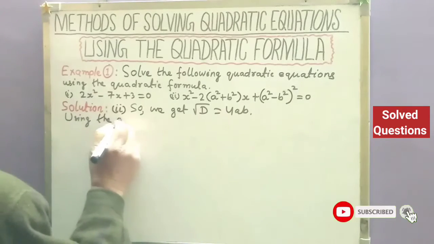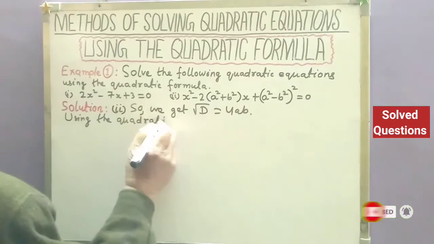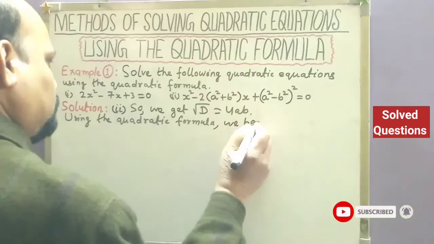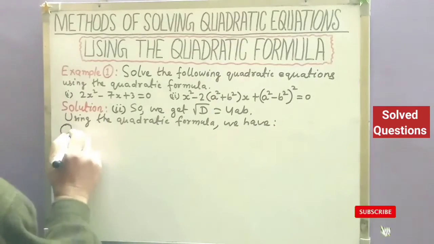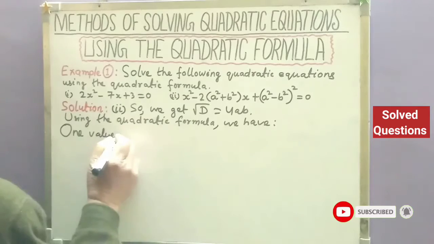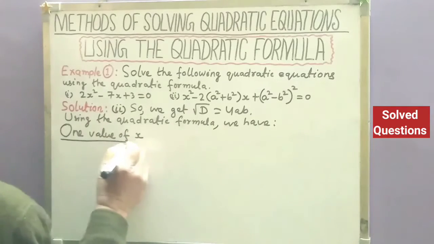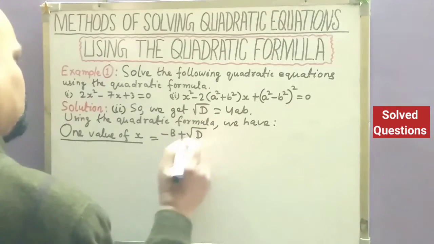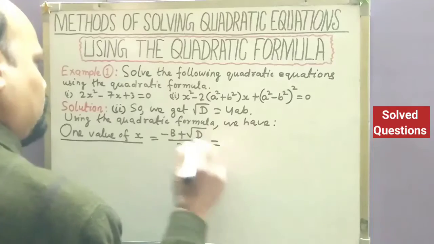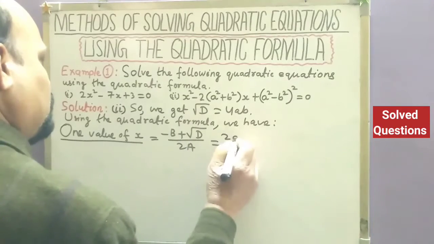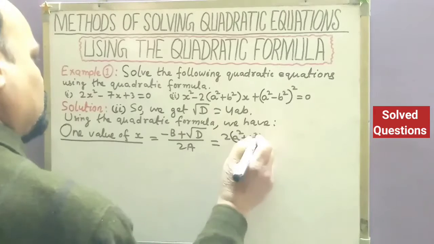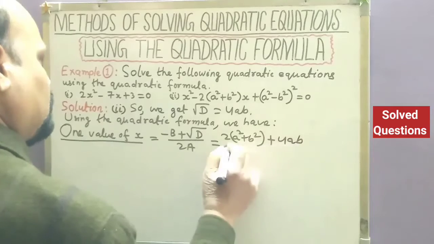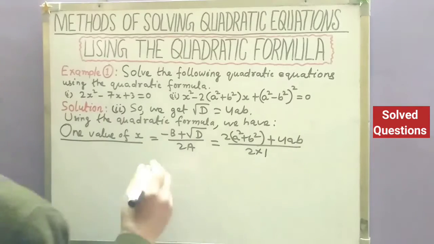Now using the quadratic formula, we have one value of x equal to minus b plus square root of D upon 2a, that equals 2(a square plus b square) plus 4ab, because square root of D equals 4ab.